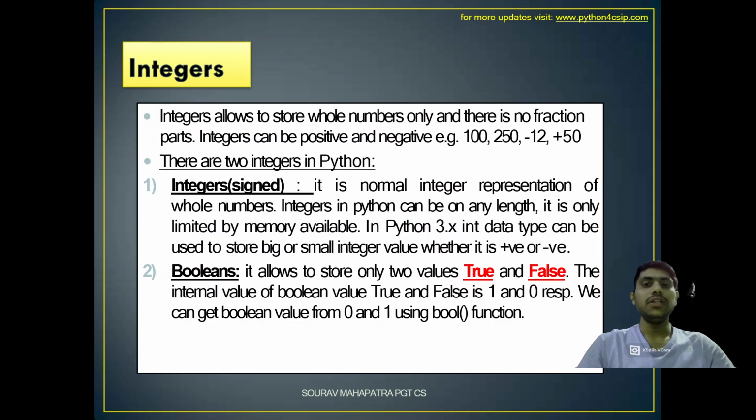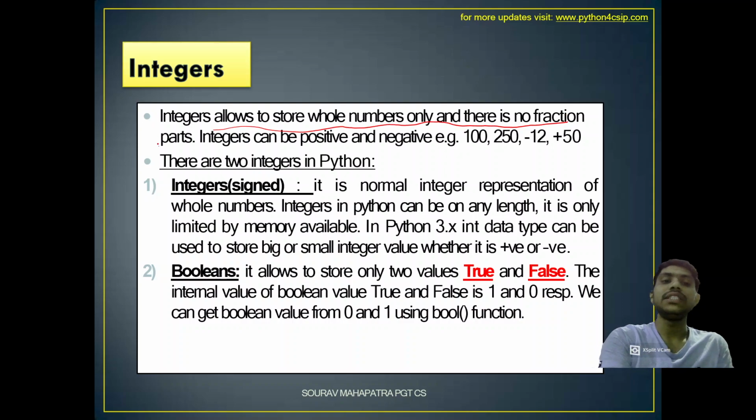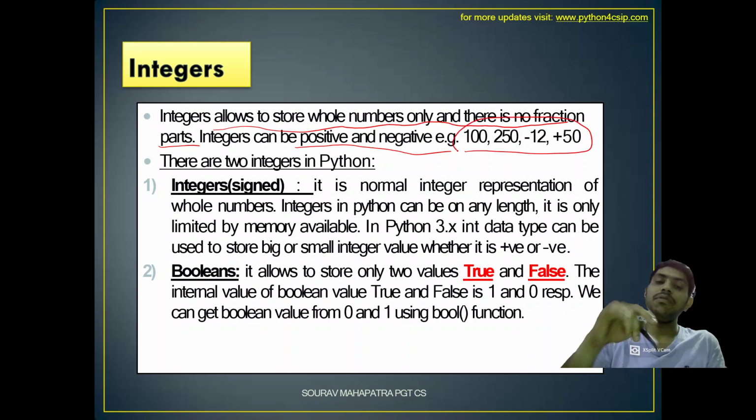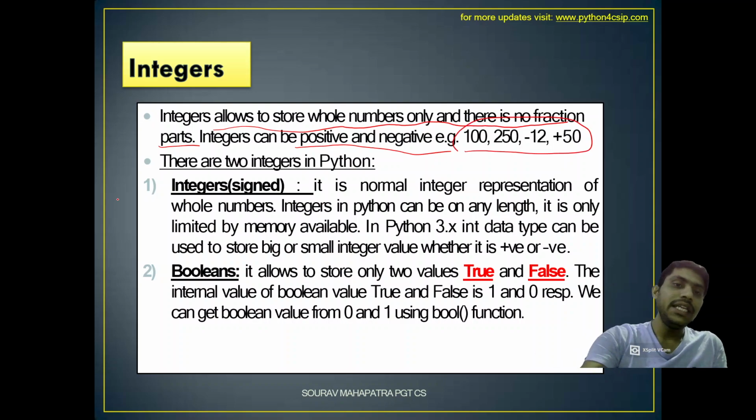Integers, you can see here. Integers allow you to store whole numbers only, and there is no fractional part. Integer means it should be a whole number, either positive or negative, but it should be a whole number. There should not be any fractional part. Integer signed is the normal integer representation of whole numbers.